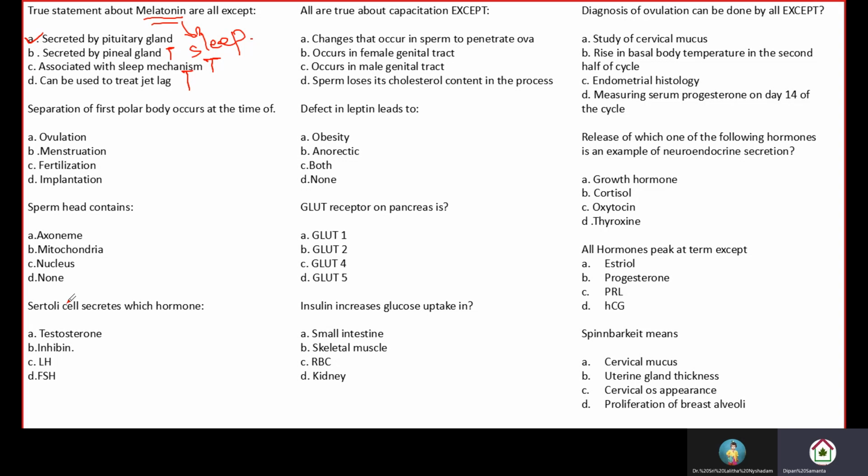Next question, separation of first polar body occurs at the time of ovulation, menstruation, fertilization, implantation, and the answer is ovulation. A will be the answer.